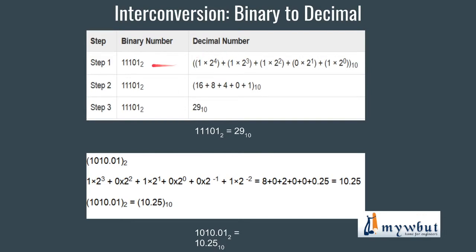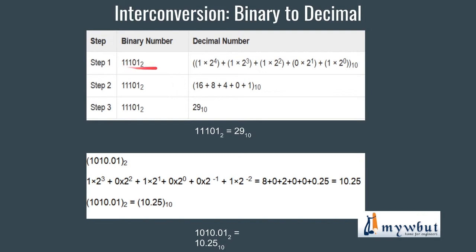So over here, what we will do is we will take the positional weights. We start from the rightmost side, that is the rightmost digit, and a number that one is 0. Next one is 1. This is second. This is third, and this is fourth. So the highest position that we have over here is 4.